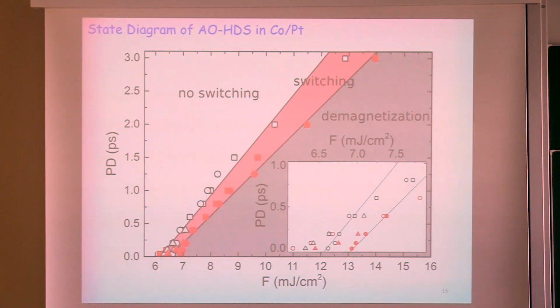What we can say is that if your pulse duration is small, then it's more difficult to get the right fluence in order to see the switching, but there's always an area where you do see the switching. If your pulse duration is high, the area where you have the switching is larger in terms of fluence. So we thought this state diagram could help us determine the physics behind this.